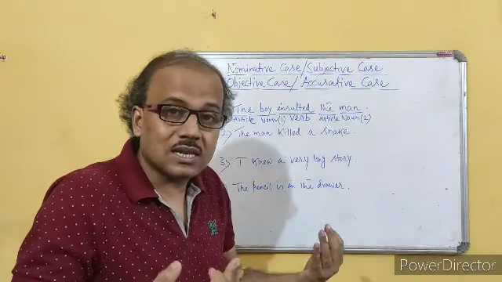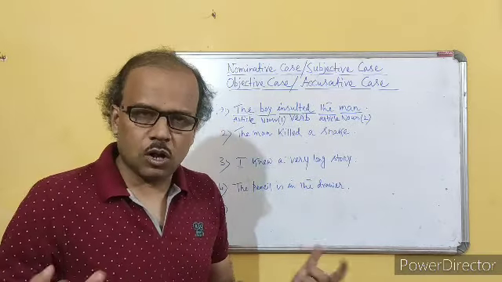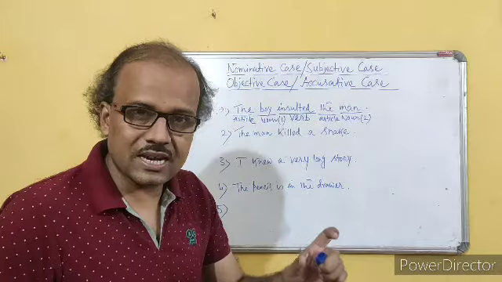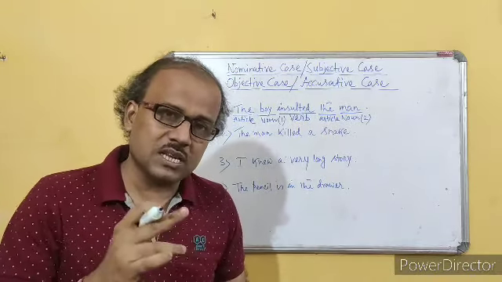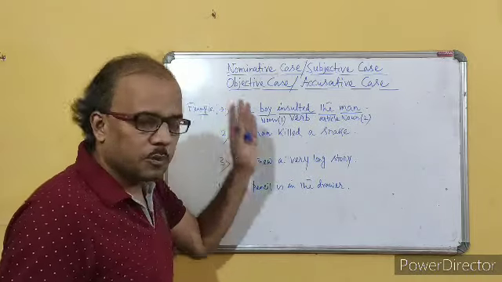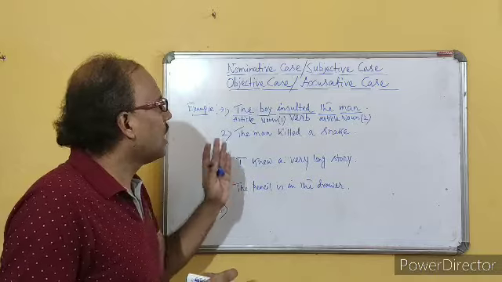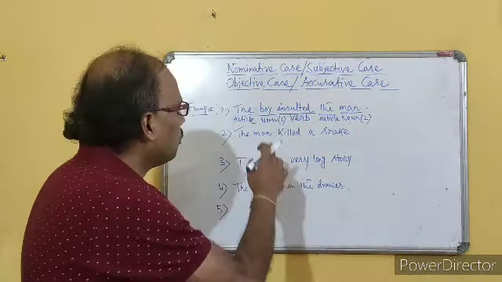So what can I suggest from this? I can suggest to you all, my friends, that this sentence represents at a time the nominative case or subjective case and the objective case or accusative case. How?